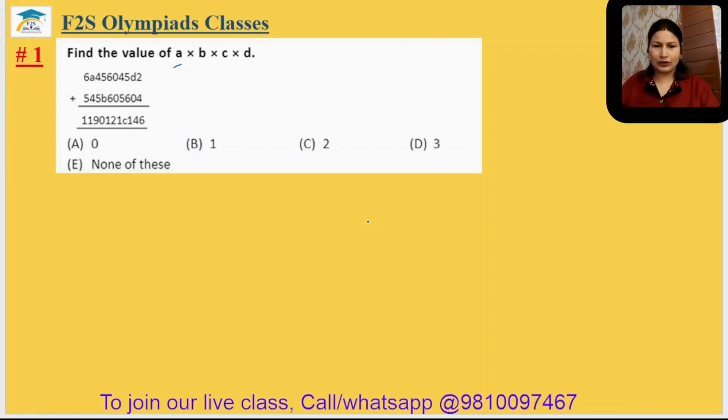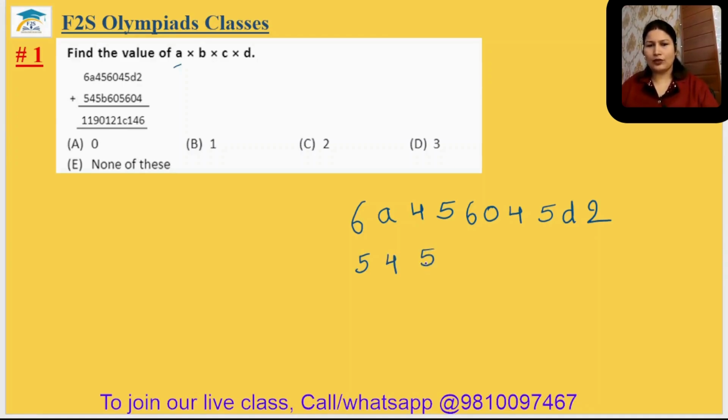So first write this number again, copy this number from there so that it can be visible clearly. 6A45, 604, 5D2, 545, B605, 604.